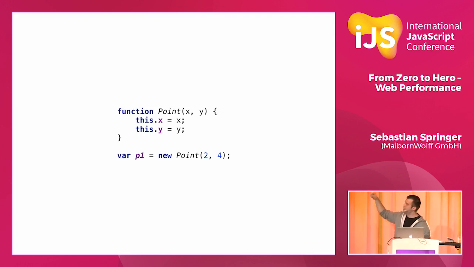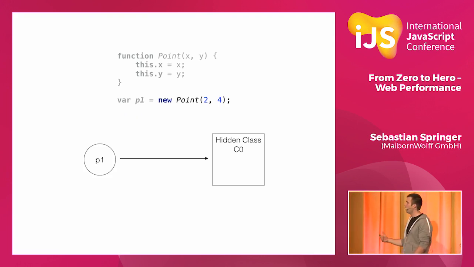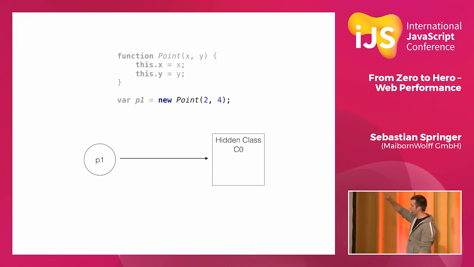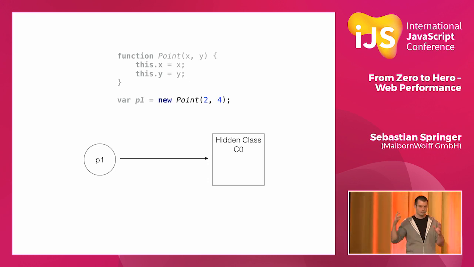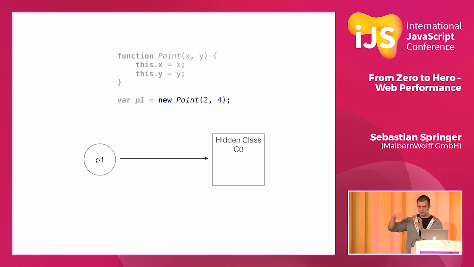Then you can access properties. What your engine does, if you're calling the new operator on the Point class, is generate a hidden class. This is the basic construct: you have an object and a corresponding hidden class.